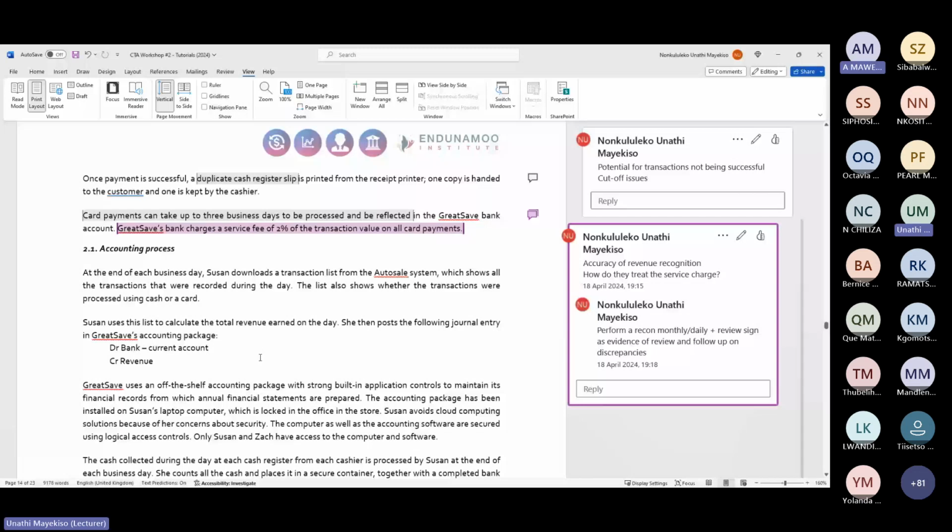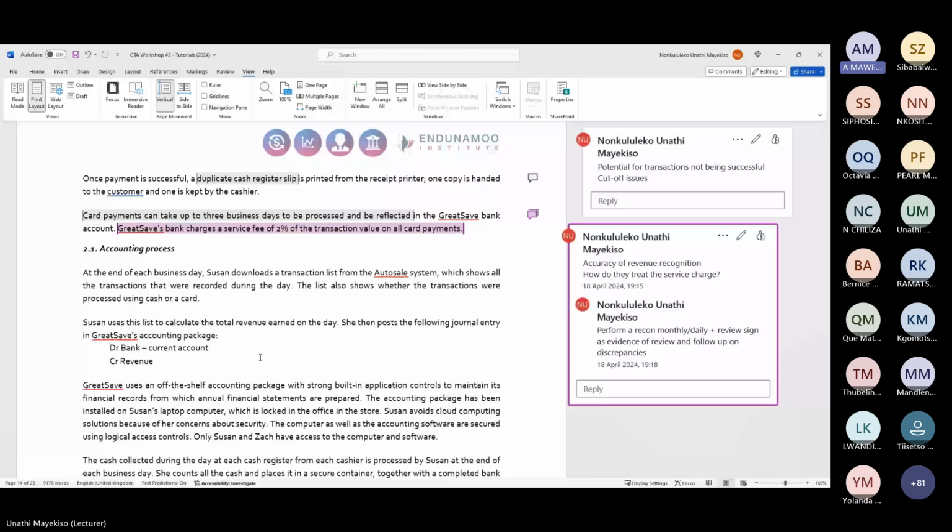Sorry, can someone explain? I think I'm lost now. When we're referring to payment reflecting, do we mean the point of sale, like a transaction saying that it went through or was successful? That's what we mean when we say that it should reflect. We mean from the card machine to reflect in the bank statement, not on the receipt.